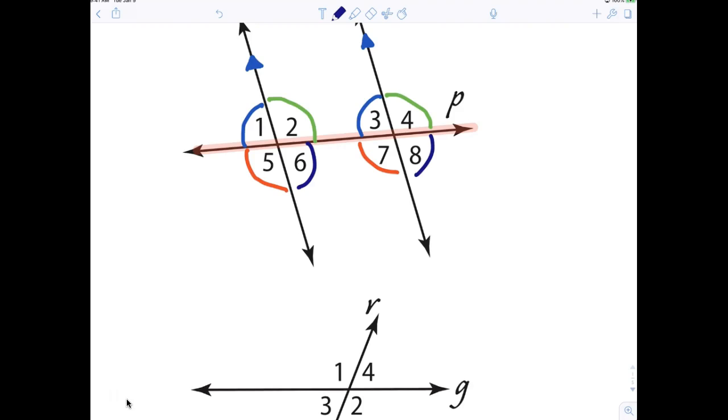All right, is everybody good? Now, it might be a good idea, if you're not sure about that, to write 1 and 3, 2 and 4, 5 and 7, 6 and 8. Those are corresponding. But again, if you understood what I said, you can write those out.